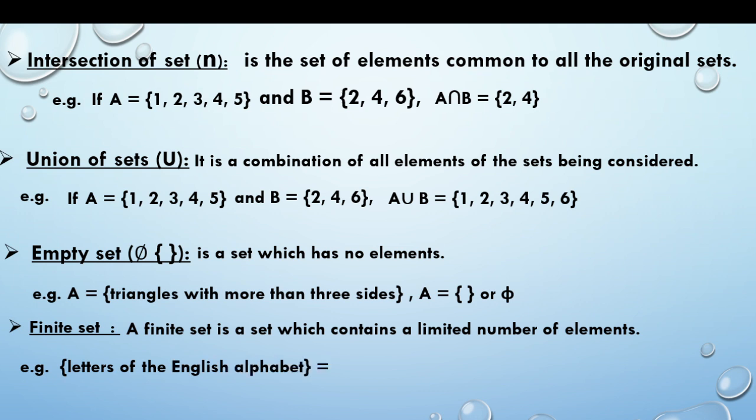For example, letters of the English alphabet equals A, B, C, dash dash dash, comma, X, Y, Z. This set is finite, because we are able to tell all the elements which belong to the letters in the English alphabet.